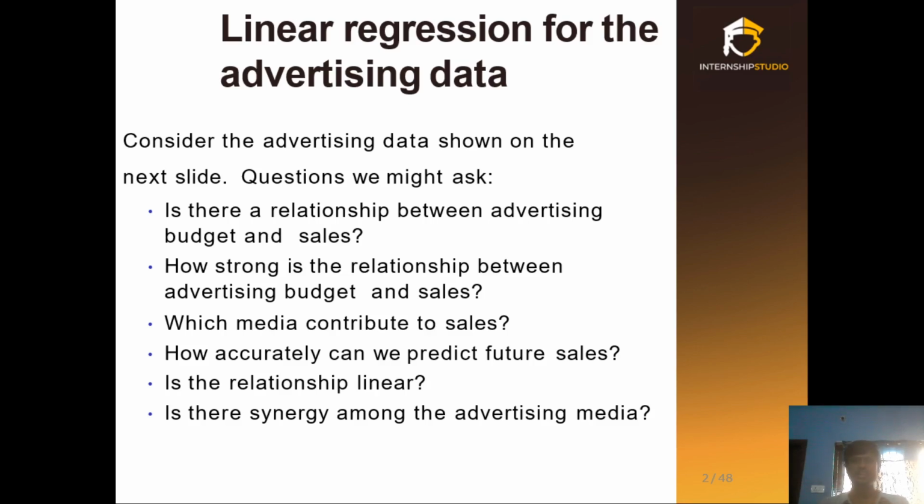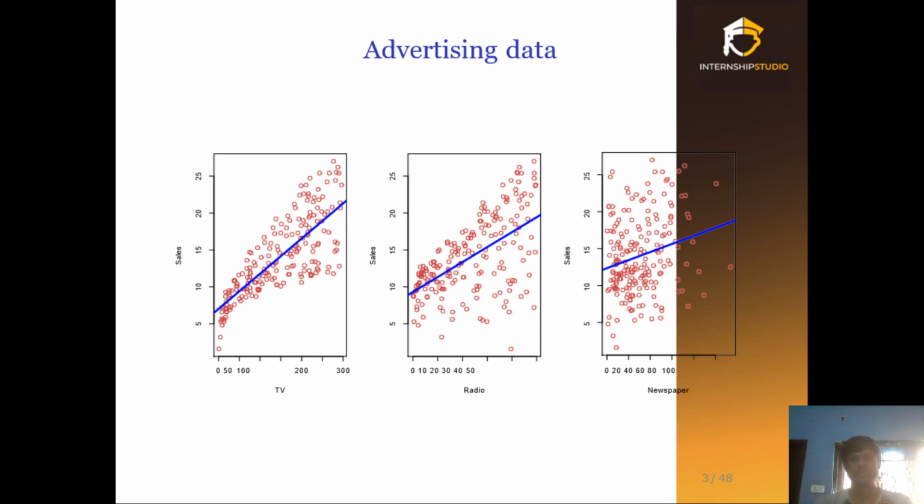Now here the problem that we are dealing with is, suppose you have a sales budget, and your task is to spend this marketing budget. You are from the marketing department, and your aim is to increase the sales.